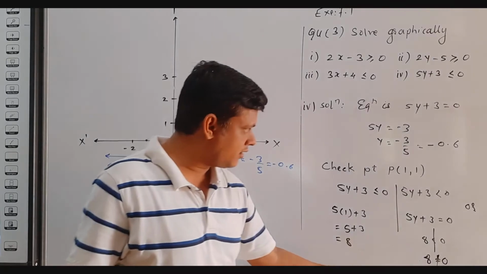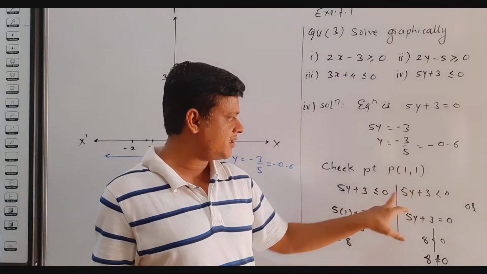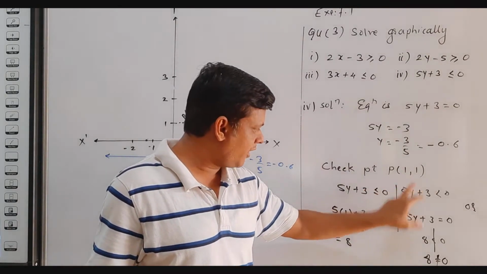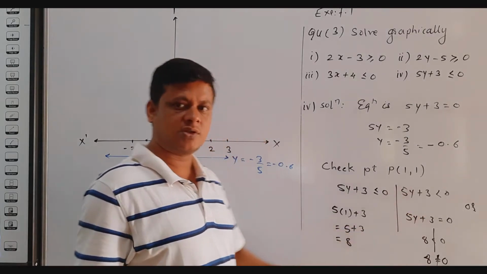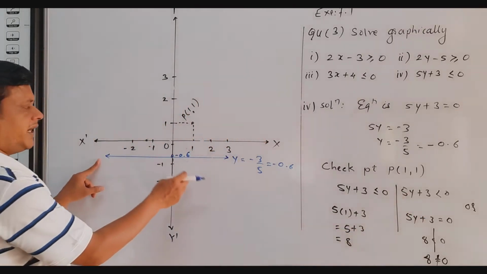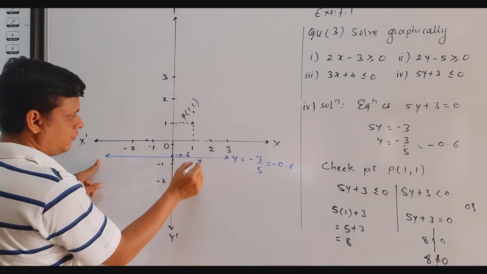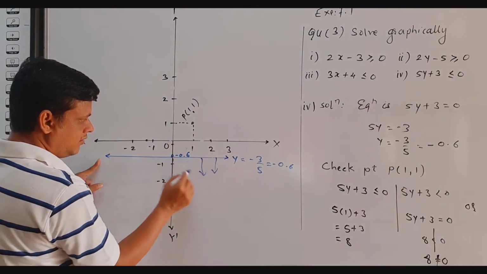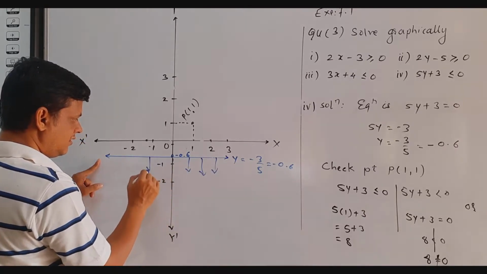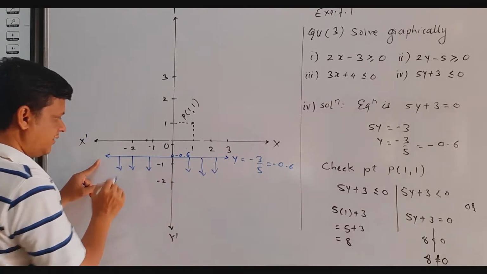Now here we check whether this point satisfies this inequation or not. Here this point does not satisfy this inequation. That means we have to shade the region opposite to this. So we mark here downward.